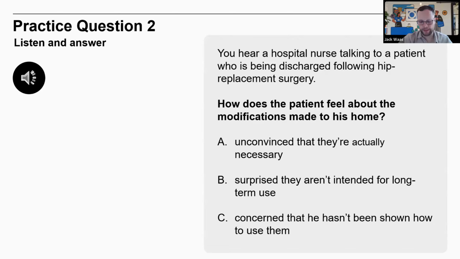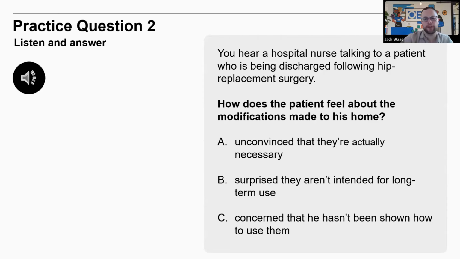All right, take a few seconds to write your answer. Okay, very good.